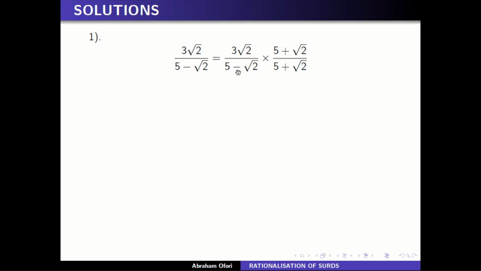That's why I want to multiply the surd in the denominator by its conjugate surd, so that at the end you get a rational number here. In so doing, you have to make sure that you are doing the same thing to the top, because we can't destroy anything here.